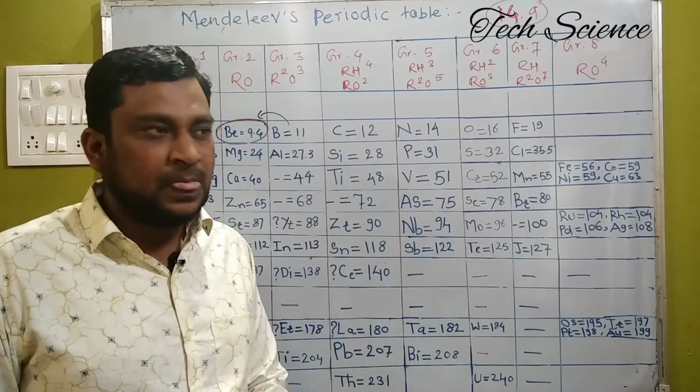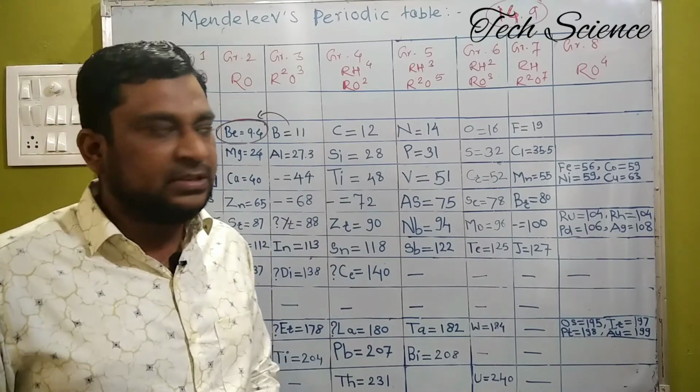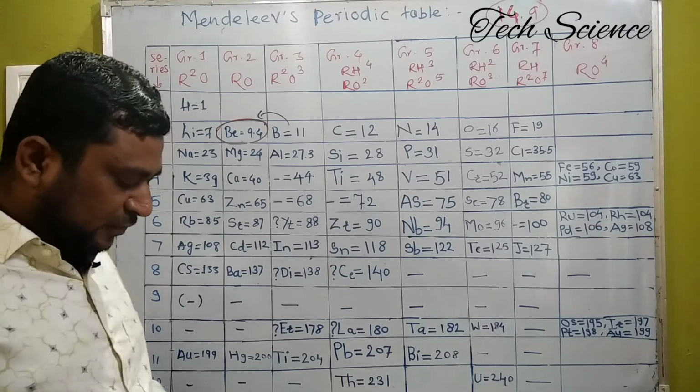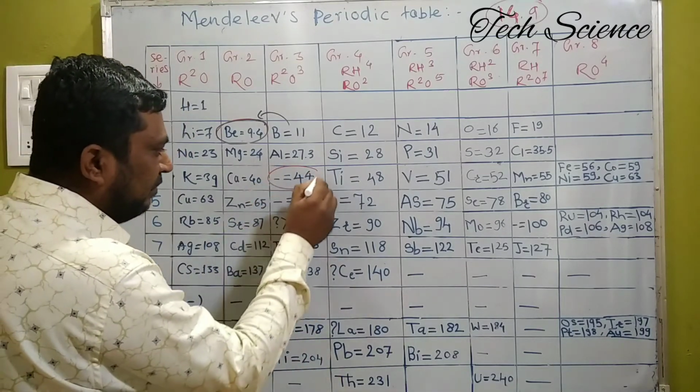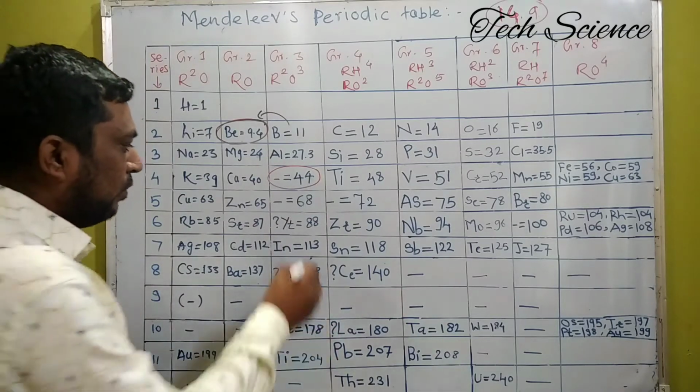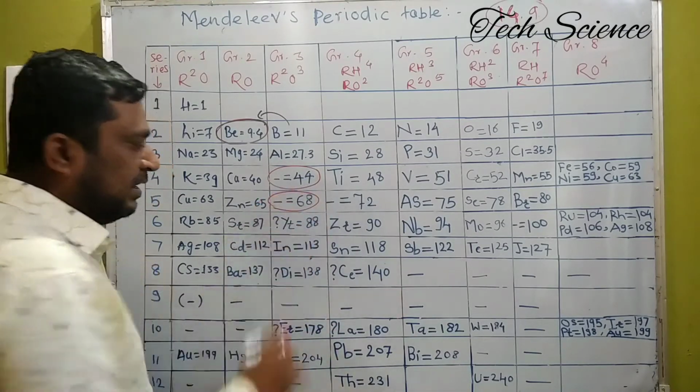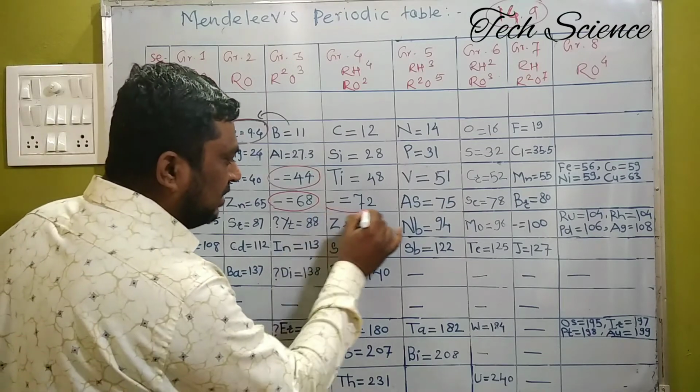Now what about the third one? The third one is very important. In Mendeleev's periodic table, if you observe, you find some vacant places. This one is for atomic mass 44, one more for atomic mass 68, one more for atomic mass 72.